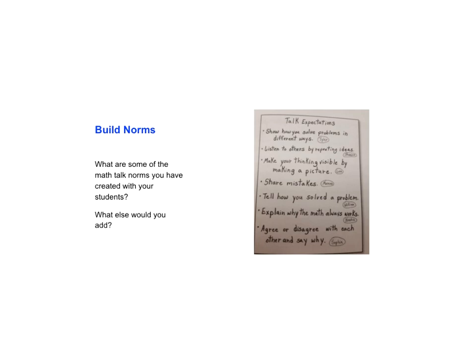Even having kids talk in their small groups and then choose a spokesman to share back to the whole class can be a way to address that. So there are lots of great ways to set your norms up, build your norms, and we know that it's going to be a work in progress, that it's going to take time, several weeks, possibly months, before you've really built that community in your classroom. So thank you for all of those strategies.